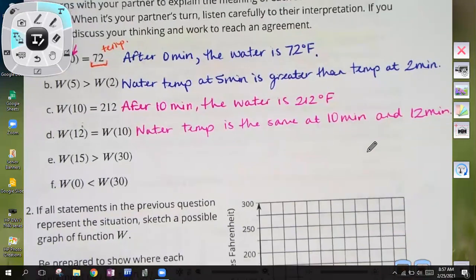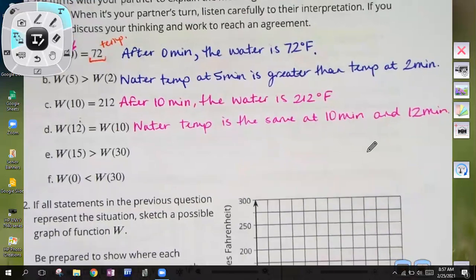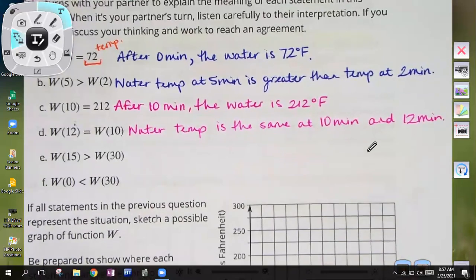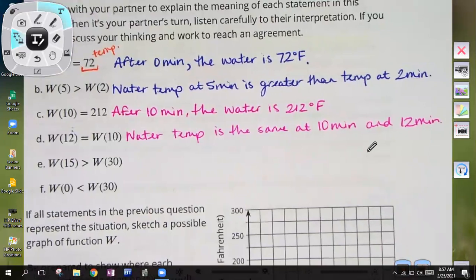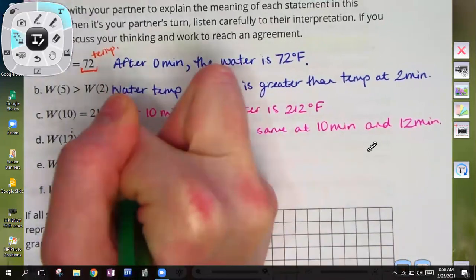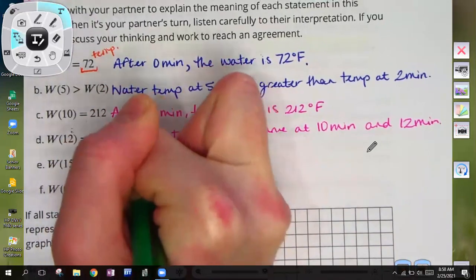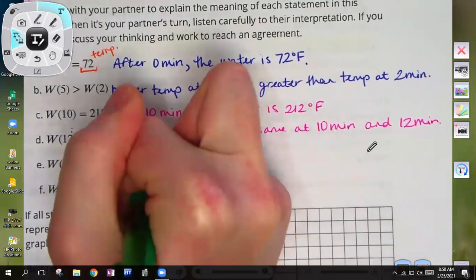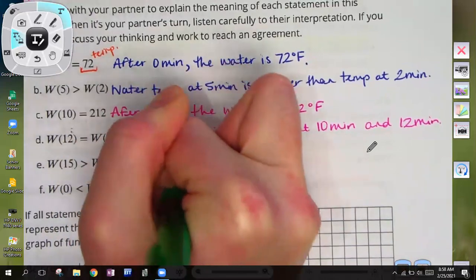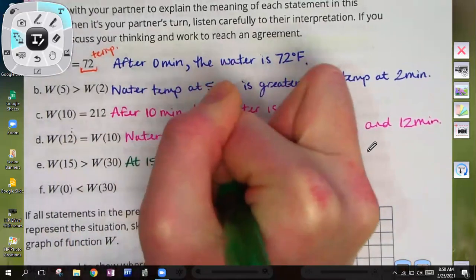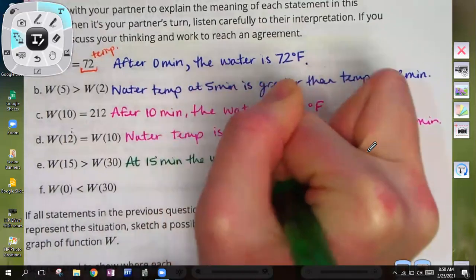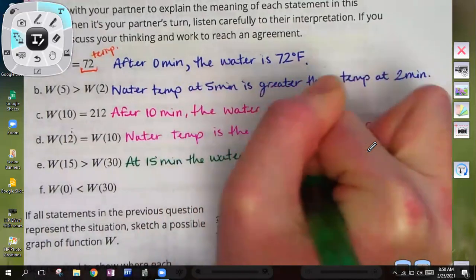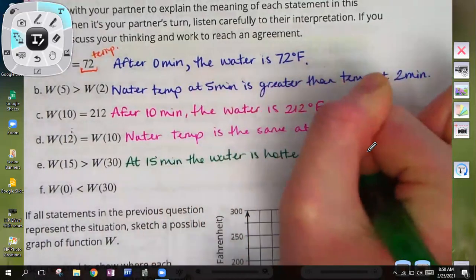Okay, now, E. What does E mean? Kobe. At 15 minutes, the water is hotter than at 30 minutes.